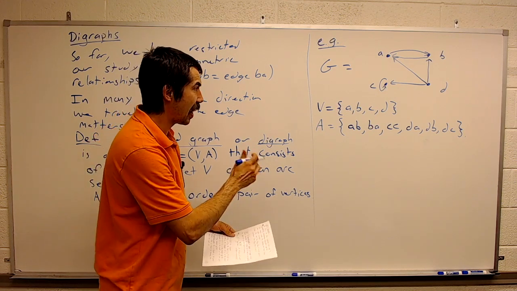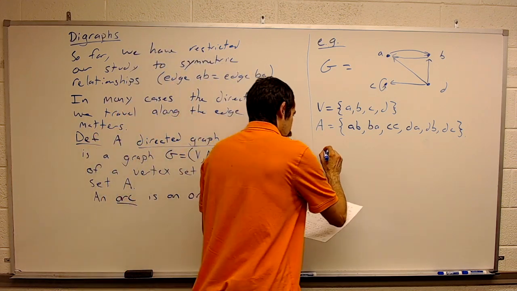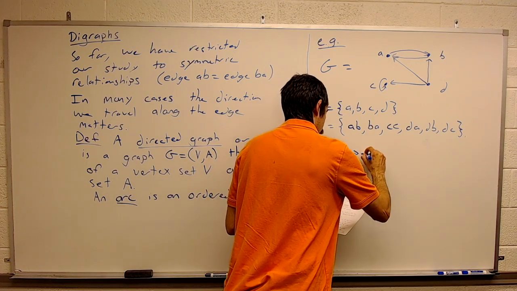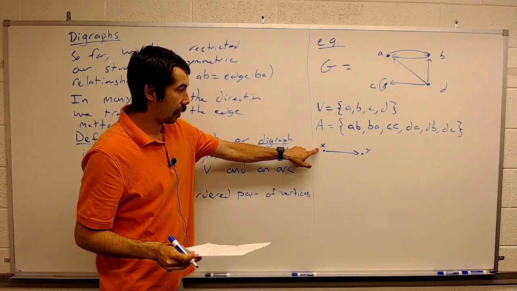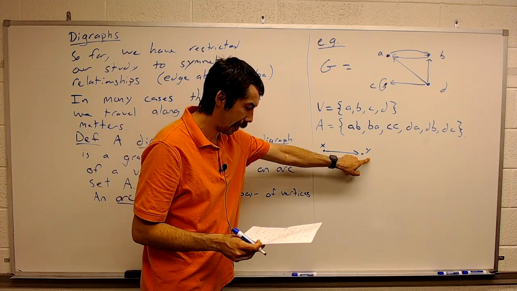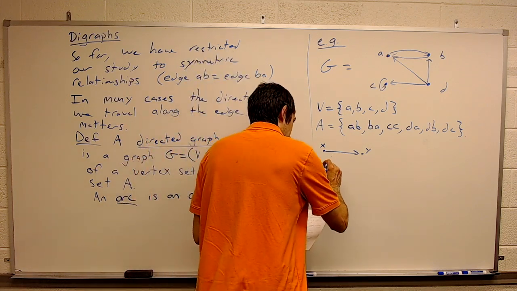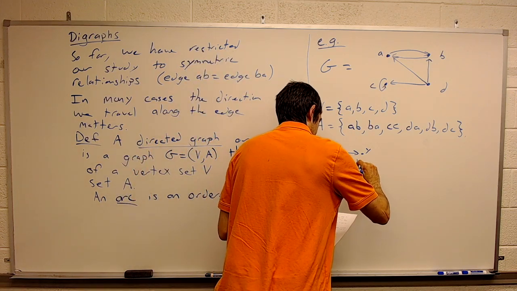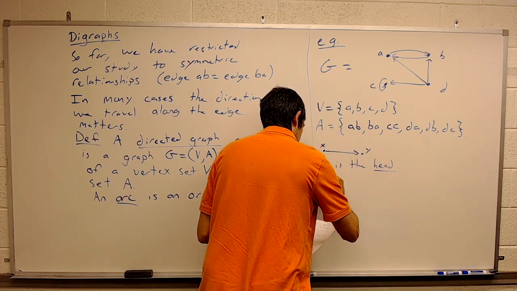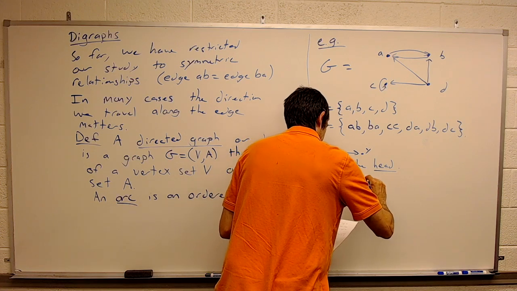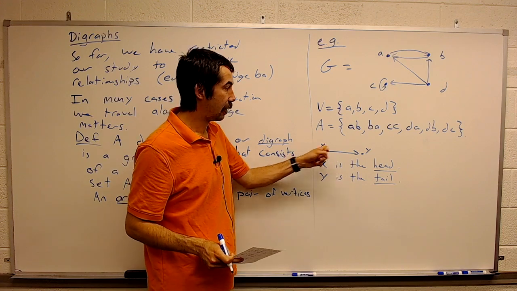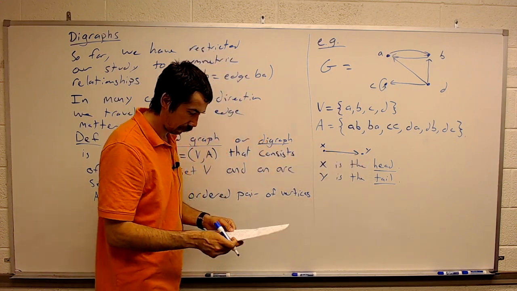Okay, the head, so if this is our arc, X is the head, Y is the tail. Okay, so our arcs start at the head, end at the tail.